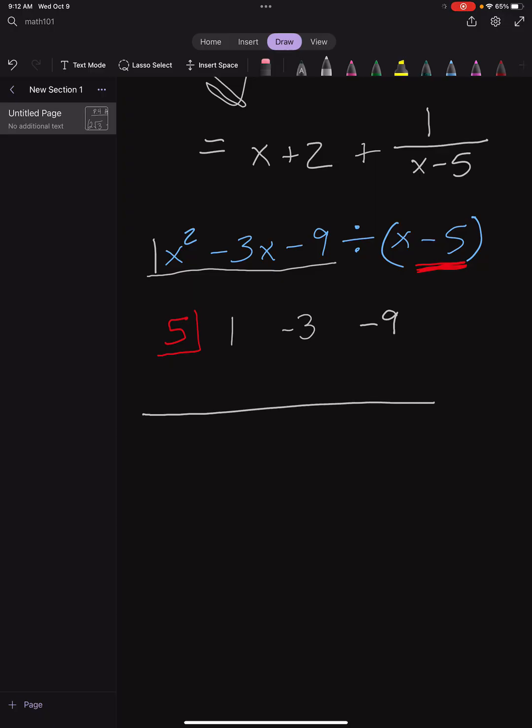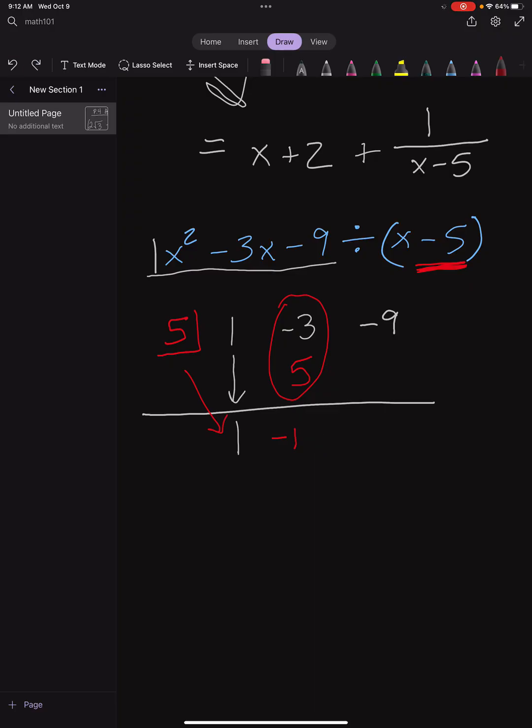Now there's a procedure that we're going to follow. You're going to take the first number and just drop it down. Then you're going to multiply the 5 times the 1. And when you multiply 5 times 1, you get positive 5, and we're going to put that right here. Sorry, excuse me, I should be adding, not multiplying.